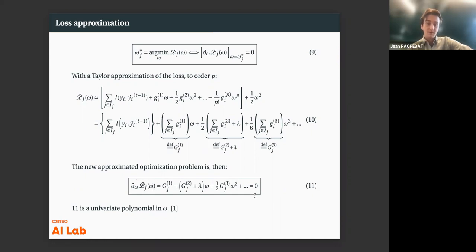And this derivative is a univariate polynomial in omega.